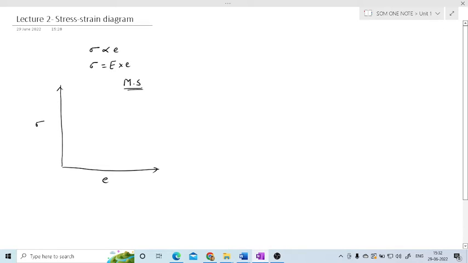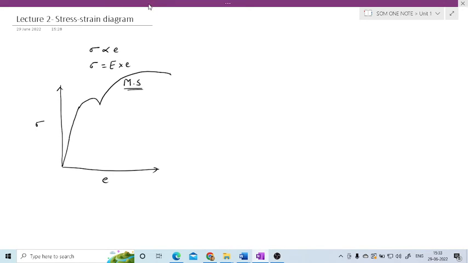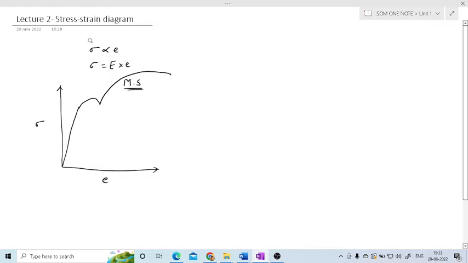If I plot this graph, then initially we'll observe a straight line, that is stress is proportional to strain. After that, if you increase the force value, then we'll see this graph. Now there are a number of points on the graph, and that we are going to see. So the first point on this graph is this one.